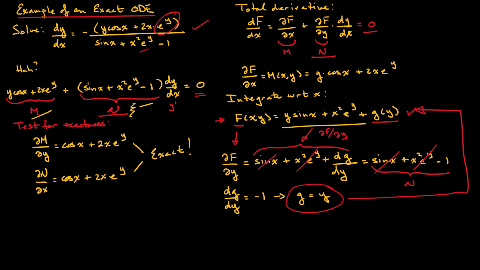And so now we can substitute it back in here, and we have our solution to the ODE. We have f of x, y is equal to y sine of x plus x squared e to the power of y plus g of y, which we found to be negative y.